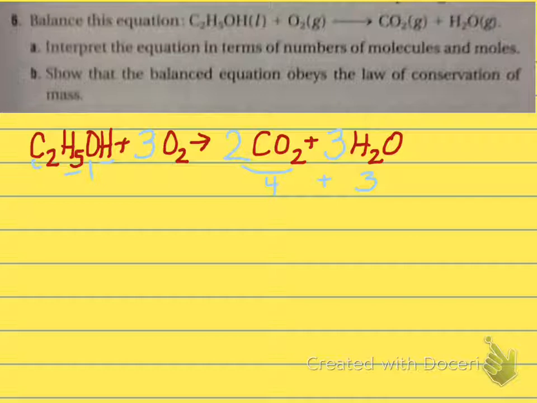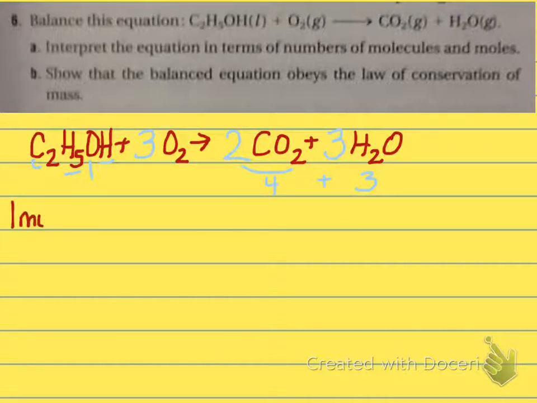Okay. Now it says interpret this equation in terms of numbers of molecules and moles. So we'll do molecules first, and these all would be molecules because these are all molecular compounds. My coefficients tell me the number of molecules, relative numbers.